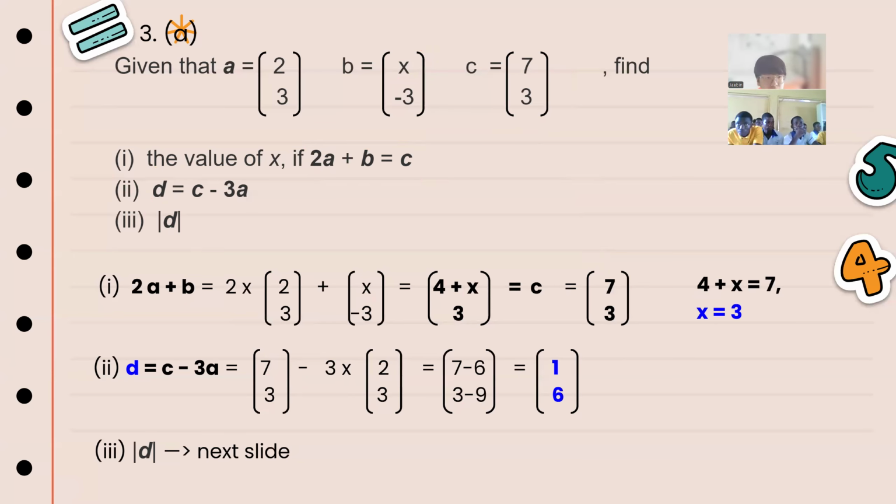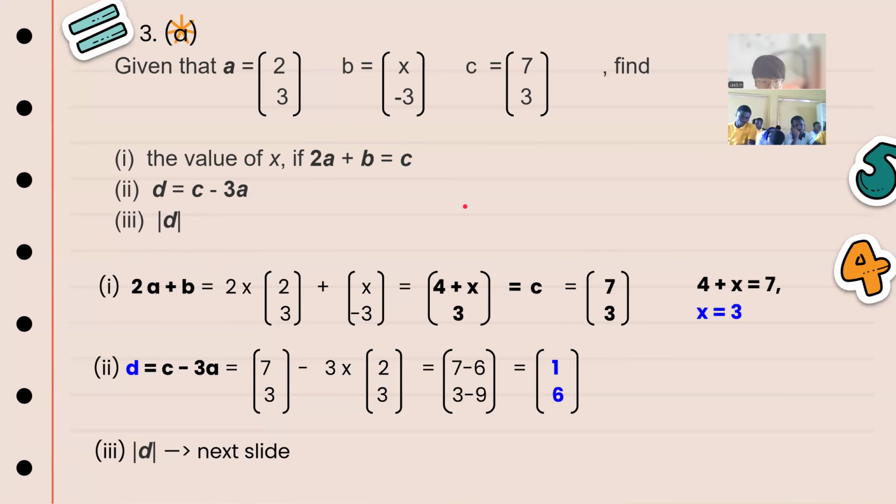Okay, if you're ready, we can move on to number 3. It says to find the magnitude of the vector d. This is a different question. They're finding the magnitude, or the length, of the vector. And how do we find the length of the vector?